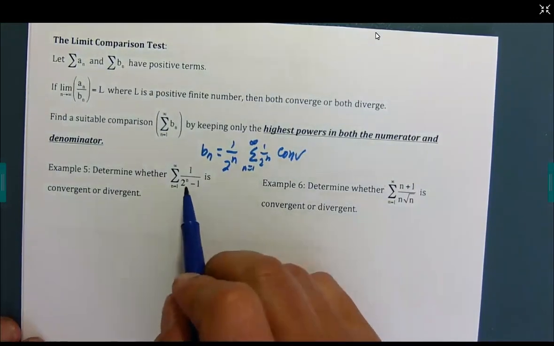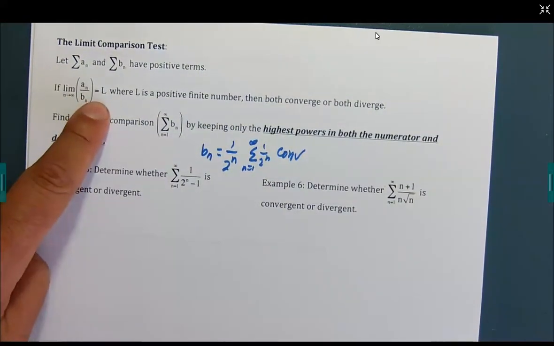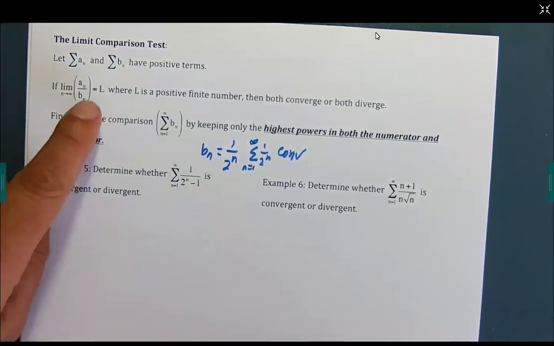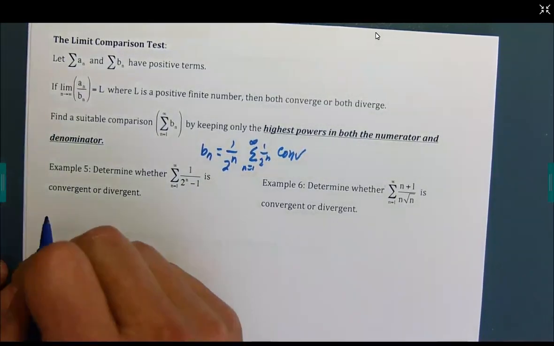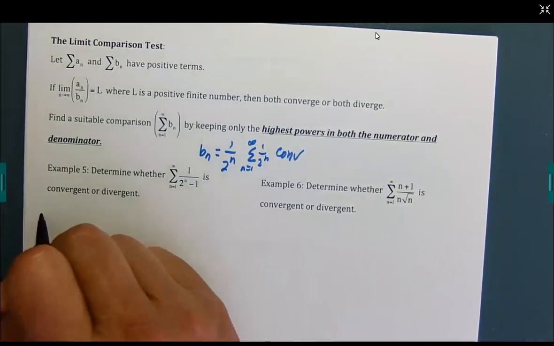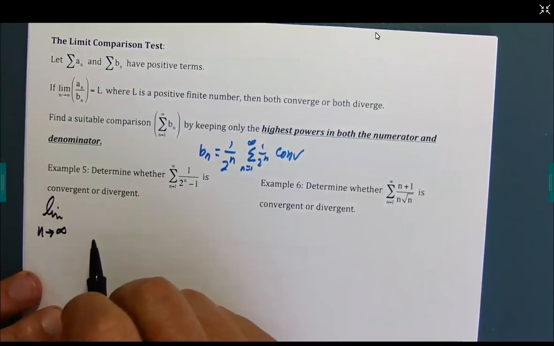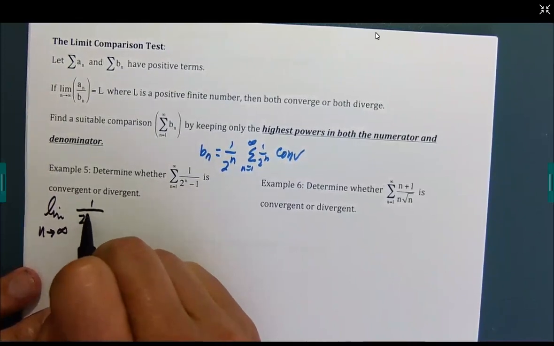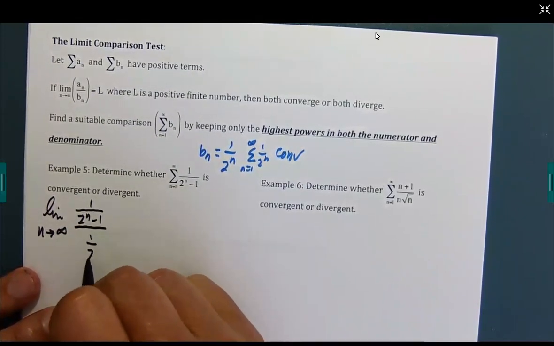So if we can run this limit and we get a specific number, and by the way, we're going to design our problem so that that limit L is always going to go to 1. So I'm going to take the limit as n goes to infinity of a sub n, which is 1 over 2 to the n minus 1, over 1 over 2 to the n.